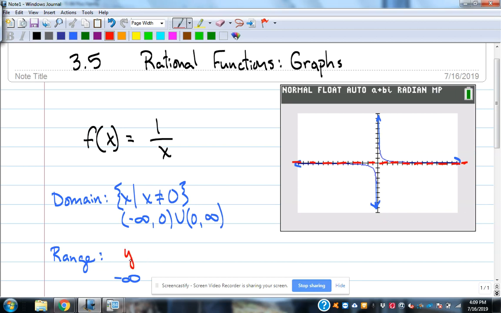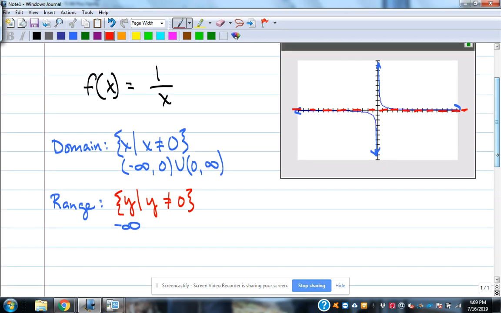So the domain is x can't be 0, but the range is the same idea: this is the y value that it couldn't be as well. So the range goes from negative infinity up to 0, skips the 0, and then goes on to positive infinity, because this line here goes on up forever.